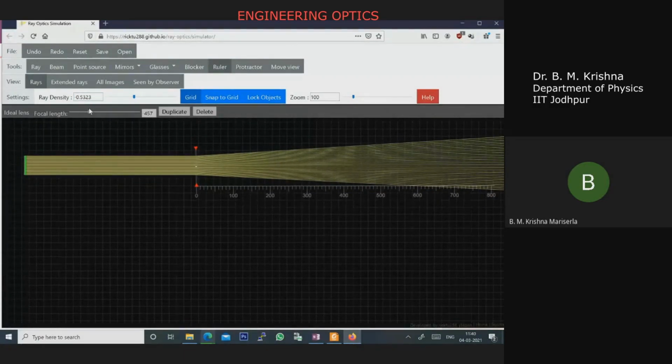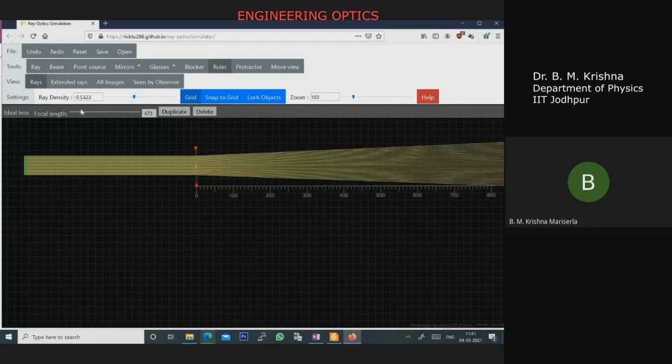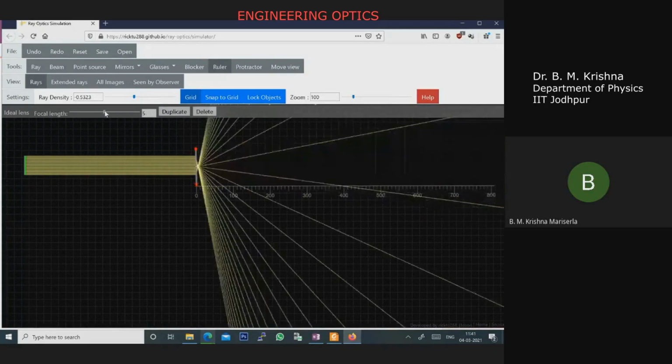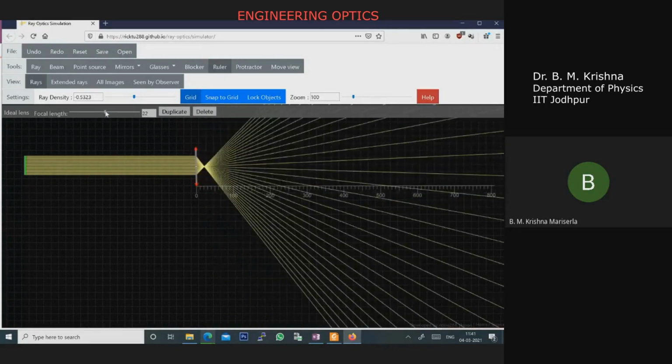Negative focal length. You have two kinds of lenses, right? One is a convex lens, another one is a concave lens. The negative focal length lens means it's a concave lens.